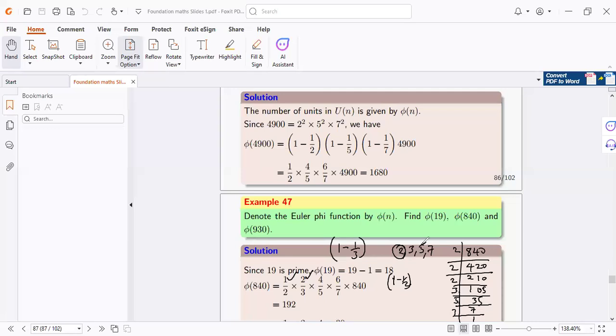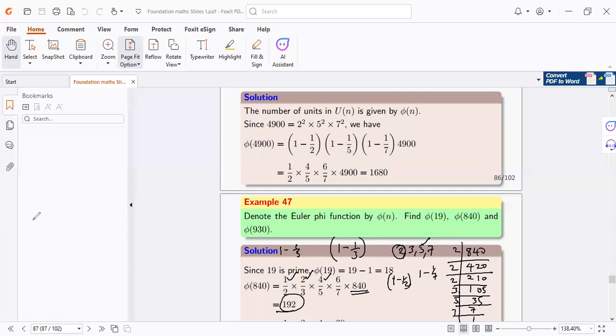And then 1 out of 5, subtract from 1 to get 4 out of 5. And then 1 out of 7, subtract from 1 to get 6 out of 7. Then multiply by n. When you multiply that, you get that there are 192 relatively prime numbers.